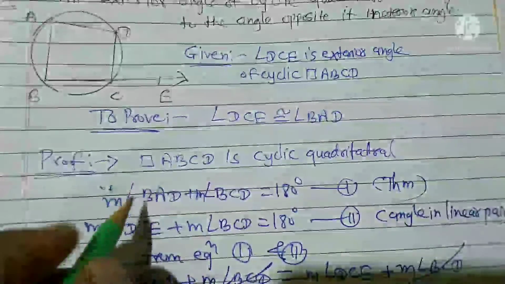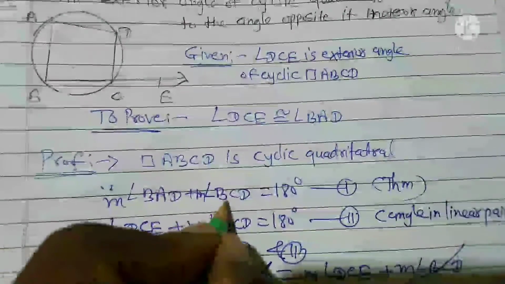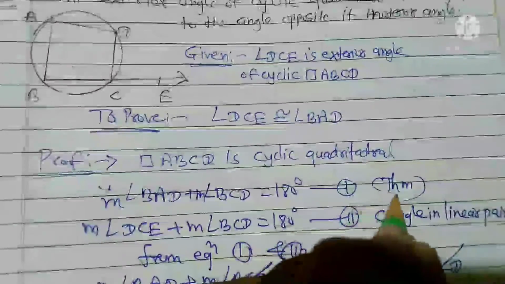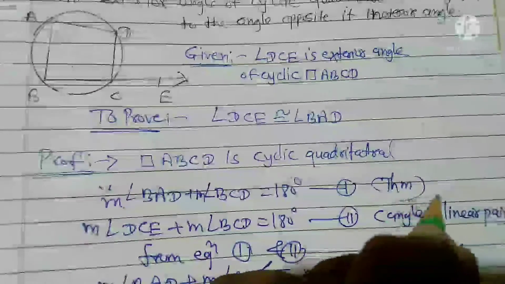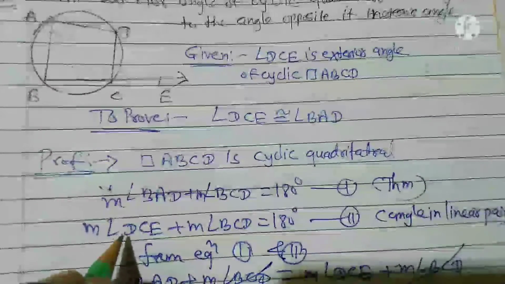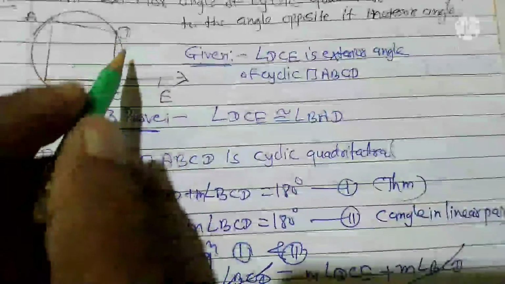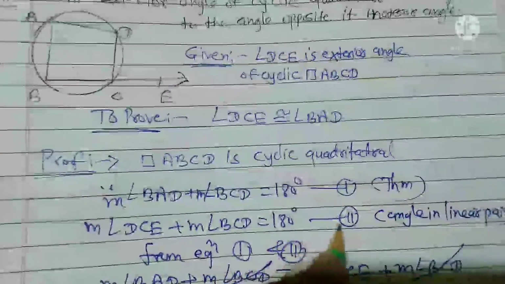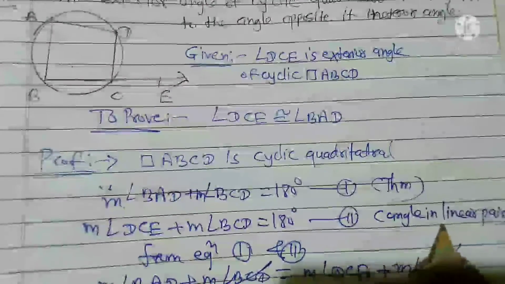This is the theorem. So measure of angle BAD plus measure of angle BCD equals 180 degrees. Equation 1. Also angle DCE plus angle DCB equals 180 degrees. Equation 2, angle in linear pair.